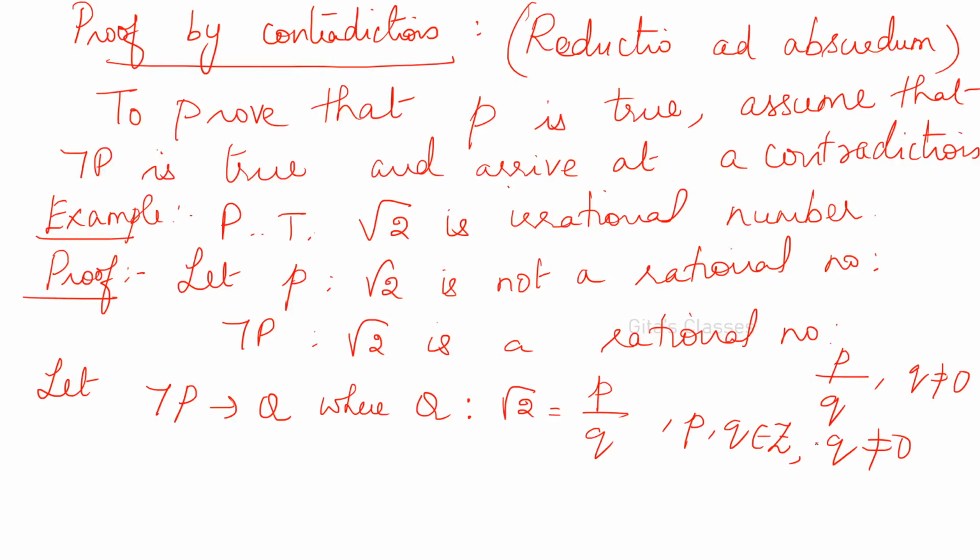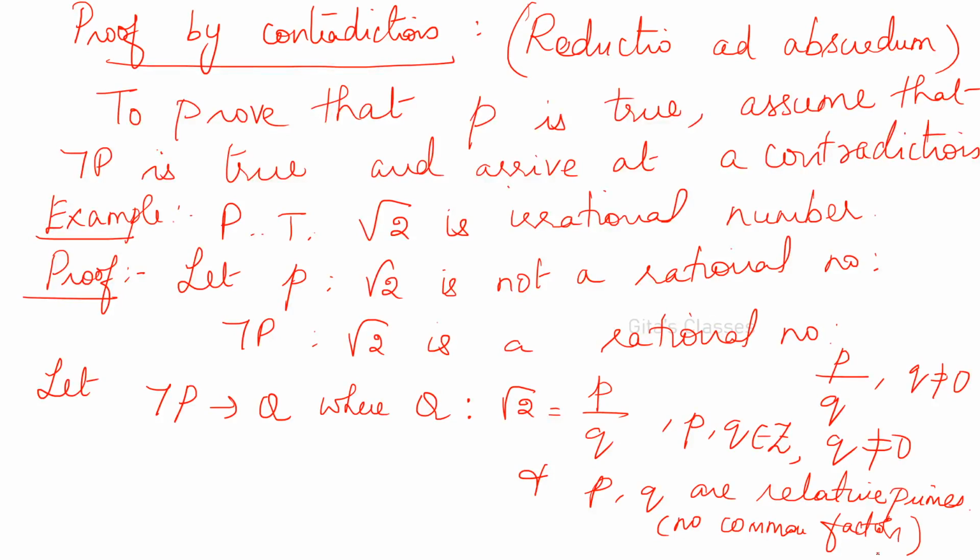Z means integers. And assume that p, q are relatively prime. That means what? There are no common factors, right? Relatively prime means no common factors between p and q, right?